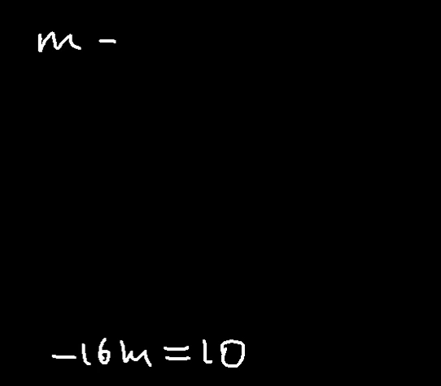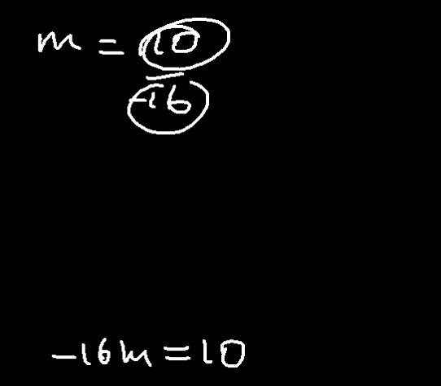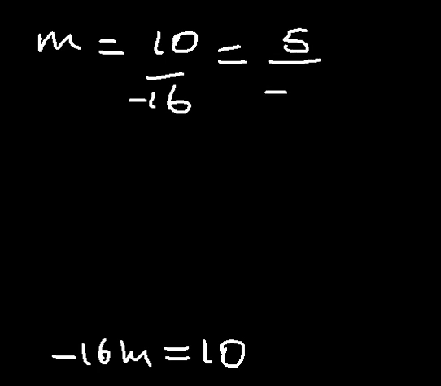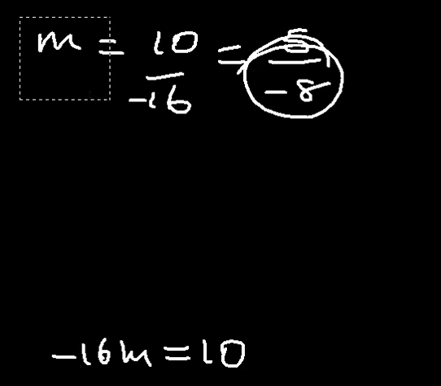So m is equal to 10 divided by negative 16. We can simplify further by looking at a value that goes into 10 as well as 16 without leaving a remainder. That is 2. Hence we'll have 5 over negative 8. So this is the solution.